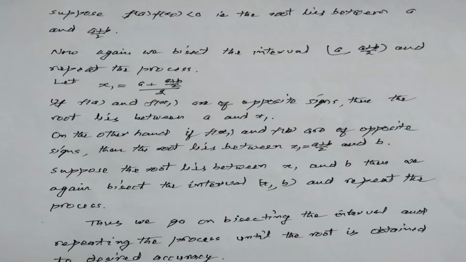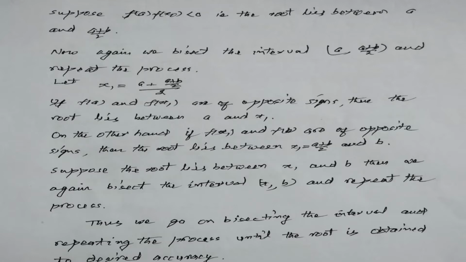Now, again we bisect the interval a to (a plus b) by 2 and repeat the process. Let x1 equal to ((a plus b) by 2) by 2.